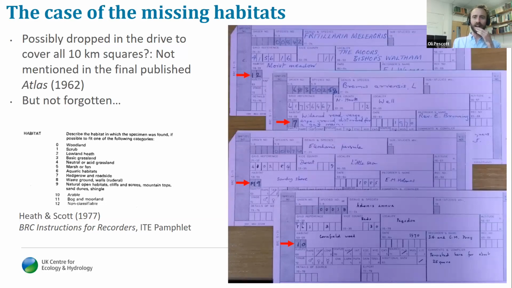So hedgerow or roadside habitat for Bromus arvensis there, and a sandy shore habitat for Eleocharis parvula and things like that. So this information was accumulated, but it often sat in filing cabinets and was used in expert species revisions in monographs and to inform kind of written accounts, but it was never in a form that was particularly useful from an analytical sense or from easily kind of providing to others.